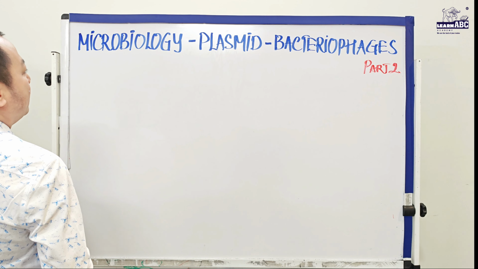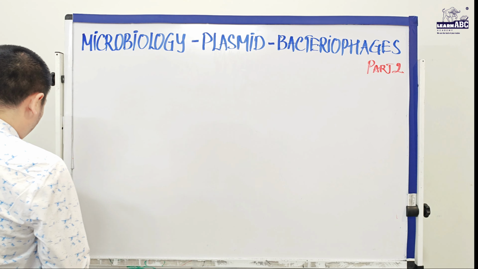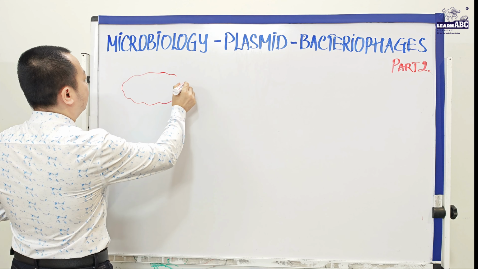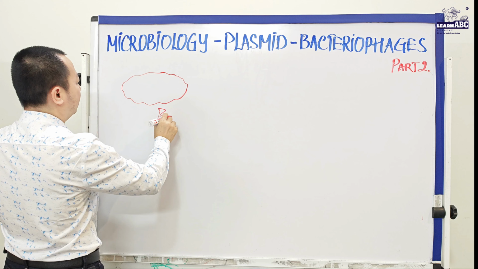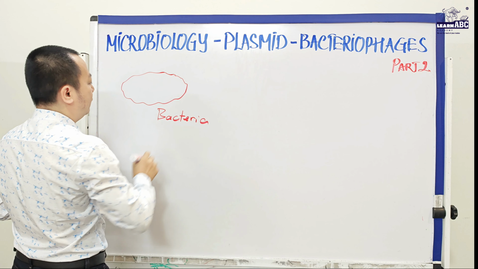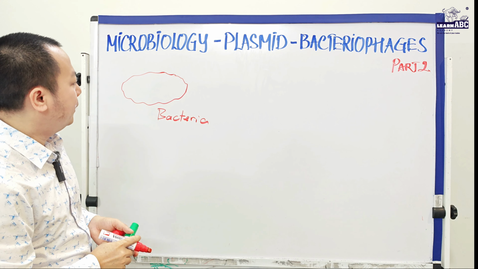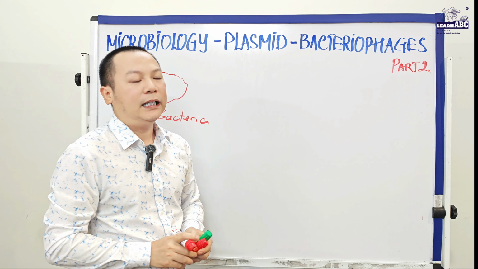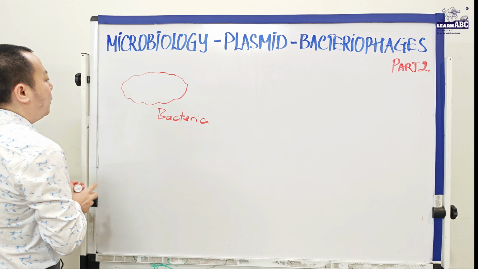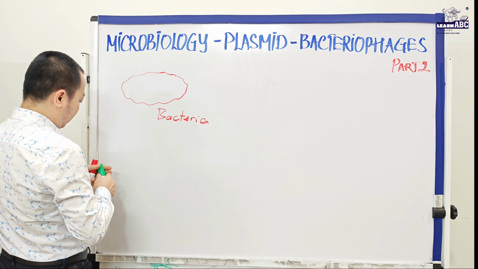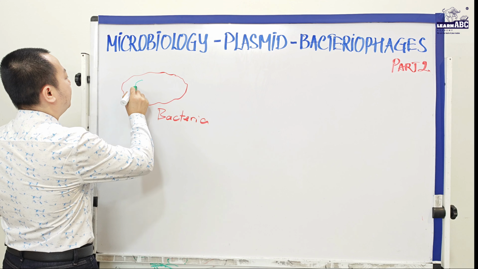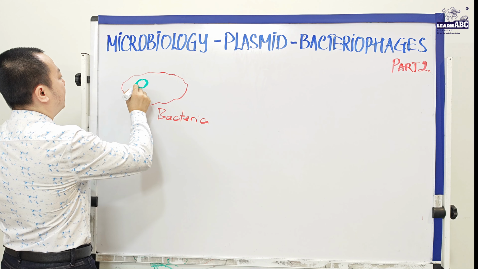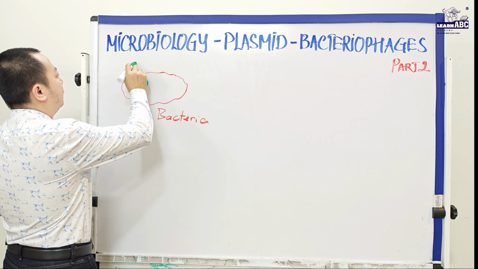First of all, we must understand what plasmids are. Let's suppose we have one bacteria. Normally this bacteria doesn't produce any disease. Inside this bacteria, it has genetic material, and this is the chromosome, or DNA, of the bacteria.